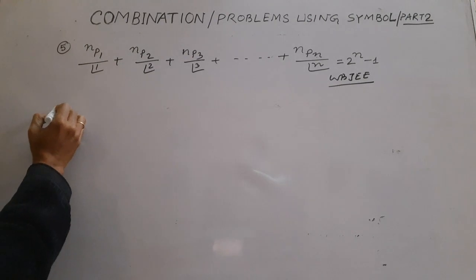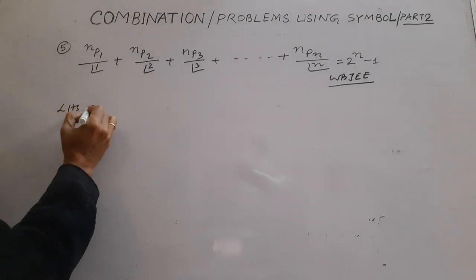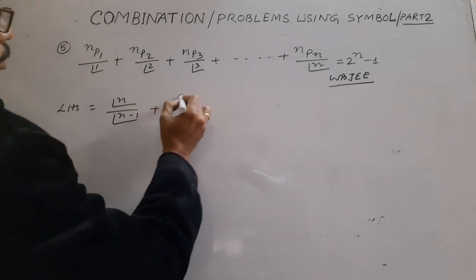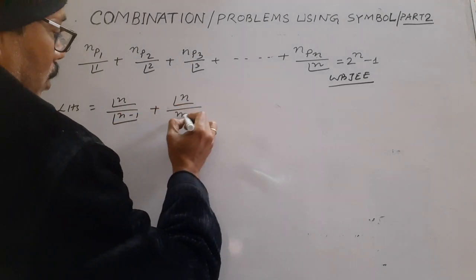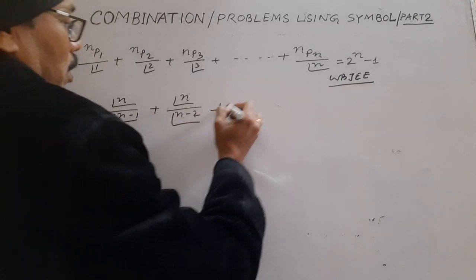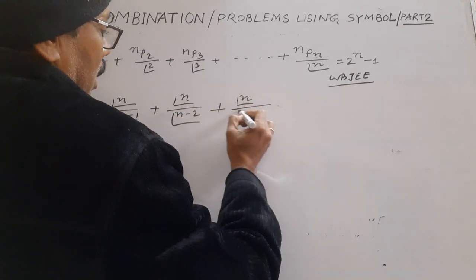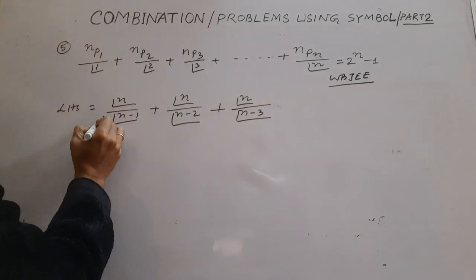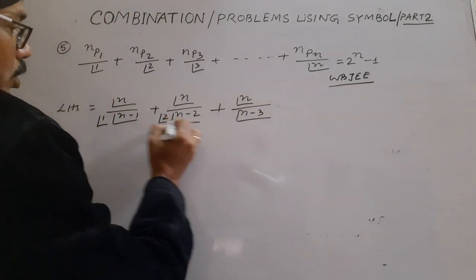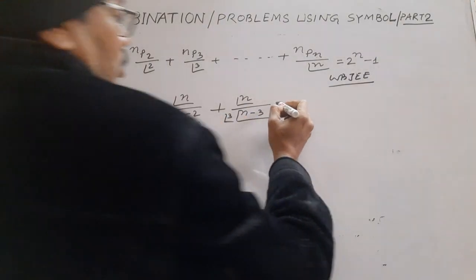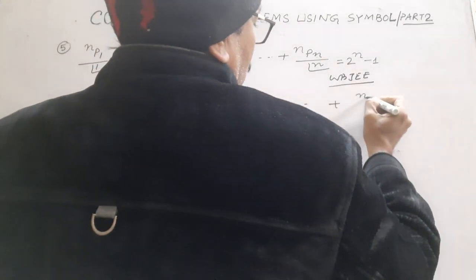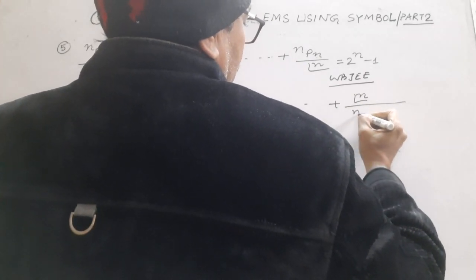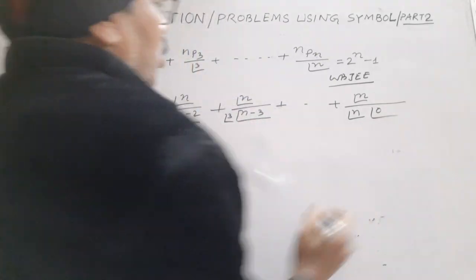Look, the LHS is factorial n by factorial n minus 1. Expanding, factorial n by factorial n minus 2, factorial n by factorial n minus 3. And look, this factorial 1 is unchanged, this factorial 2 is unchanged, this factorial 3 is unchanged. And this last one is factorial n by factorial n into factorial 0.